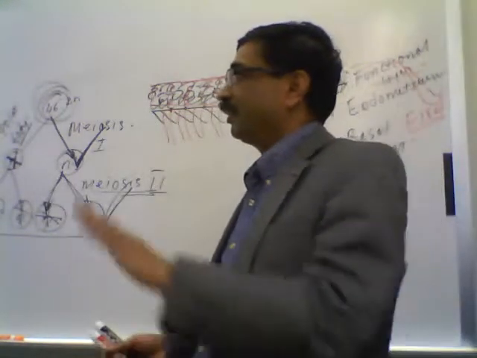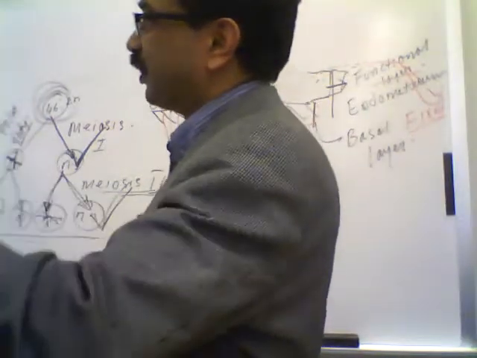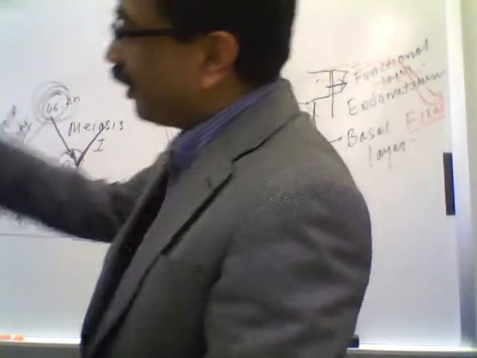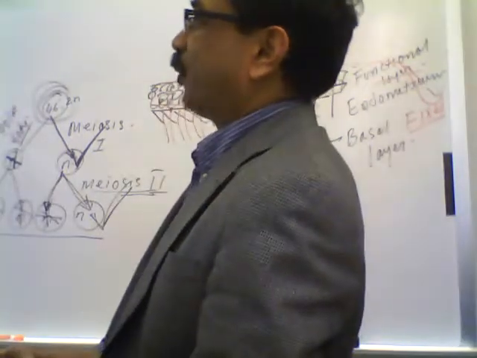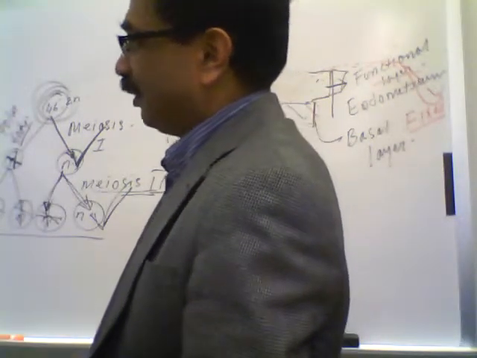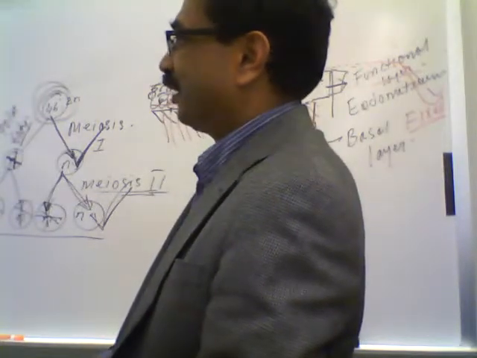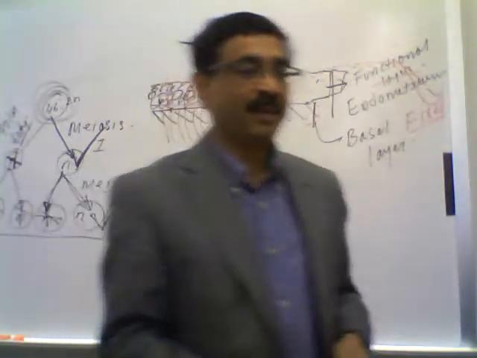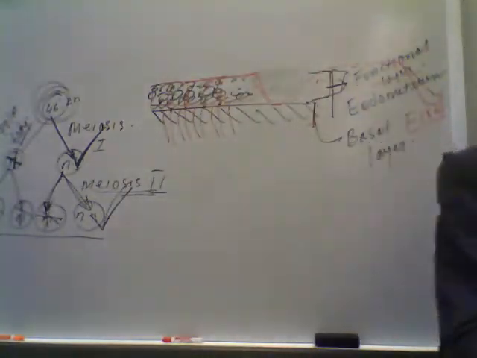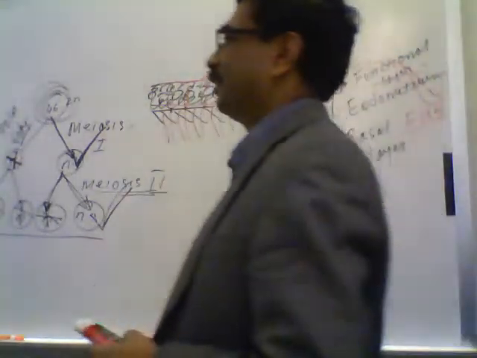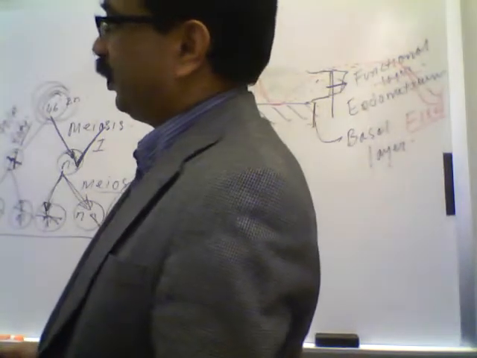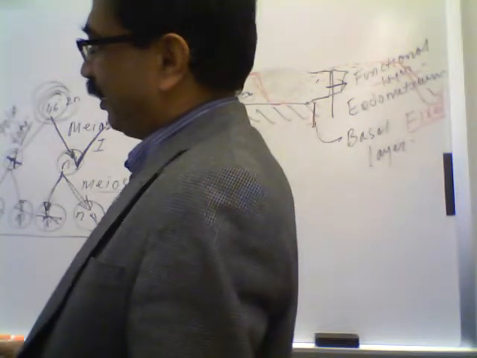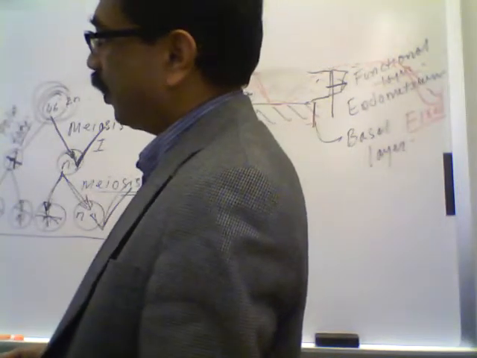After birth, it will stay like that for 14 years, and when puberty starts, at puberty meiosis 1 will start the division, and then after the sperm gets attached to the egg, meiosis 2 is completed, okay? And finally we get one mature healthy egg, ovum, and 3 polar bodies.